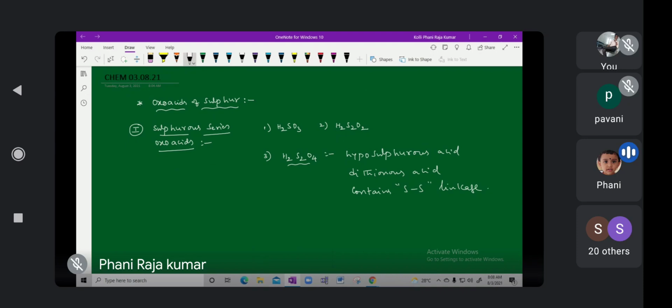That is one advantage for practicing these oxoacids of sulfur. This H2S2O4, this is structure of hyposulfurous acid, dithionous acid. Here sulfur, one lone pair, and here both sulfurs sp3 because of lone pair.